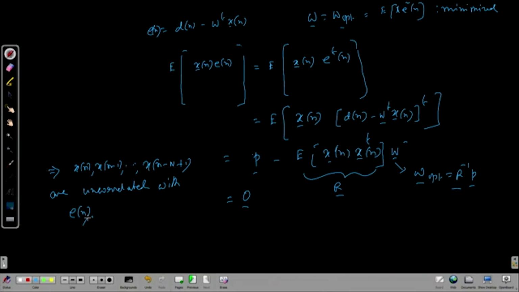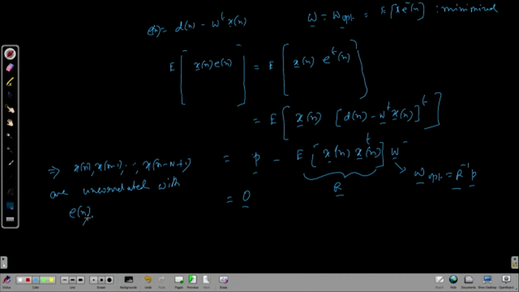If they keep changing, then I have a problem, because if they do not change, I know the R matrix, I know the P vector, I calculate R inverse P offline. So, I get the FIR filter coefficients, the W vector. So, I construct an FIR filter forever, construct the hardware forever using those coefficients and carry on filtering, and I will be very happy.